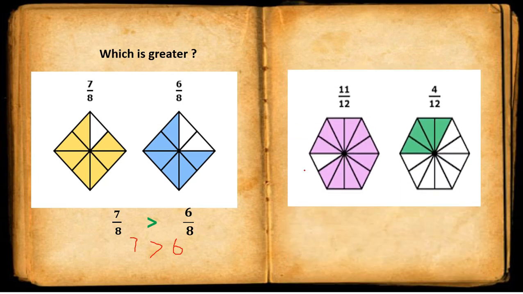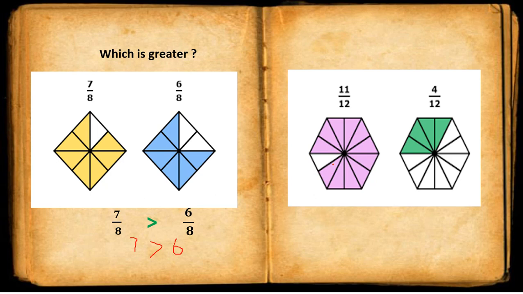Here this hexagon, as it has 6 sides, the name of the figure is hexagon. Now the hexagon is divided into 12 parts. Again we can easily understand which figure is less shaded.